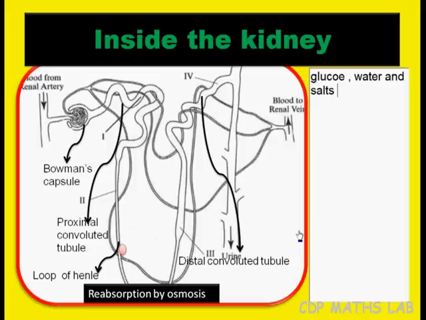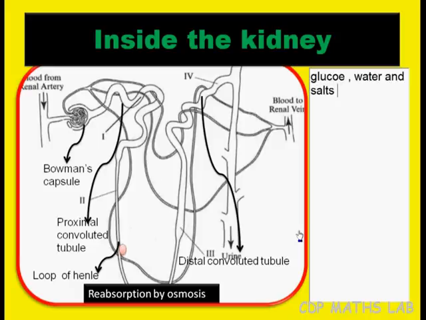Now you know what osmosis is, don't you? So osmosis is the movement of what? Water molecules from a region of high concentration to a region of low concentration. Concentration of what? Water. Exactly. So when there's too little water in the body, then a lot of water will return to the body from the kidney.